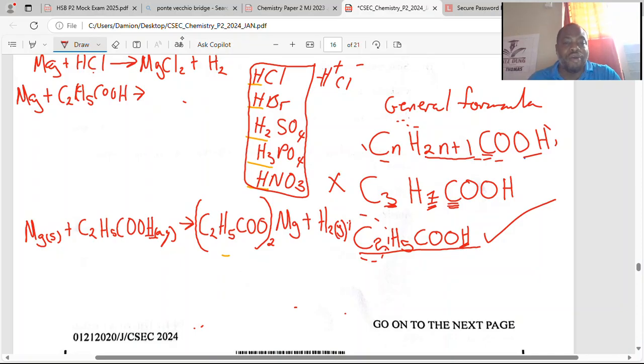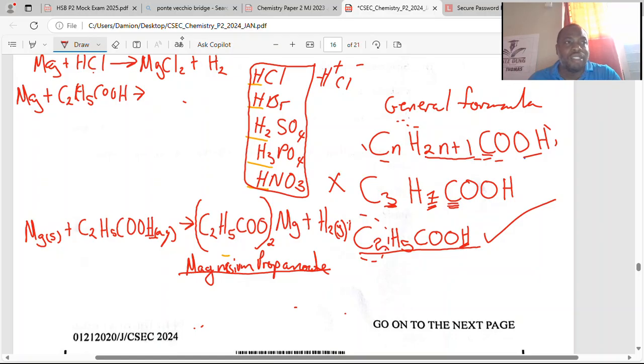So we end up with the propanoate ion, but when we're saying the name, we say the metal first. So we're going to call this magnesium propanoate. So this is the salt, magnesium propanoate.